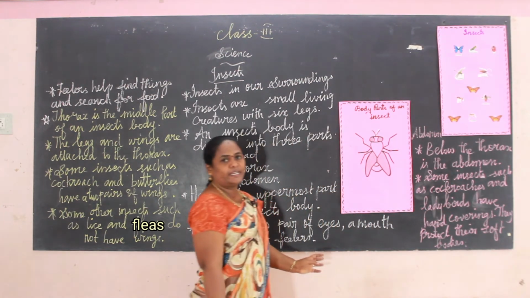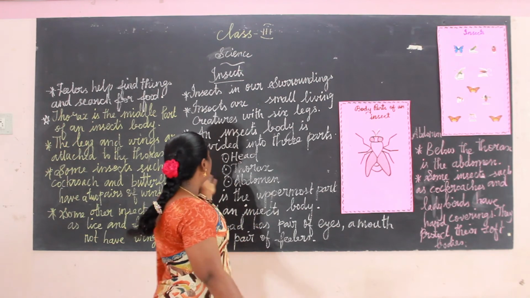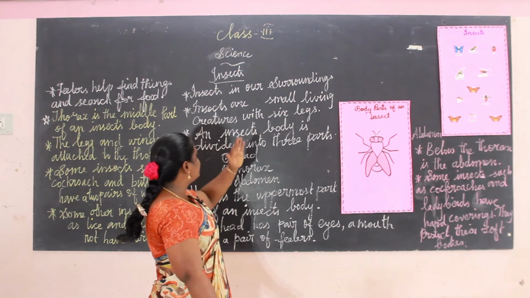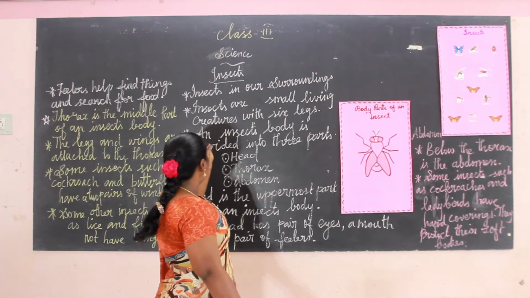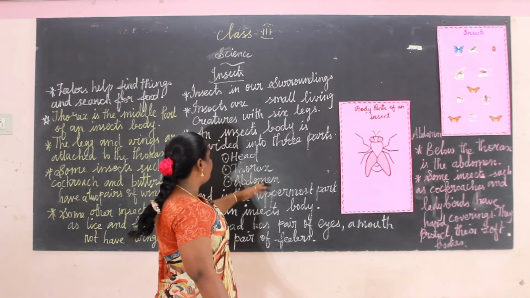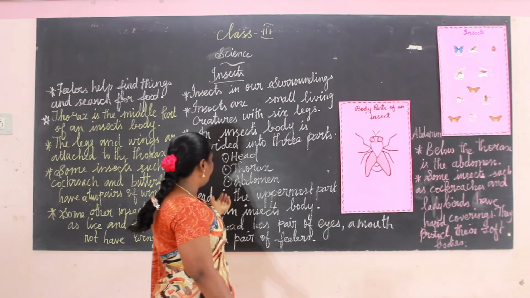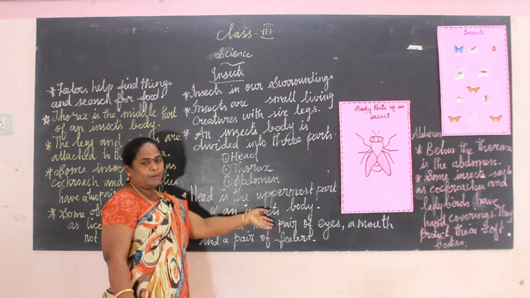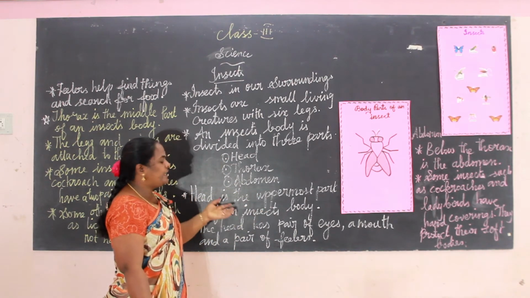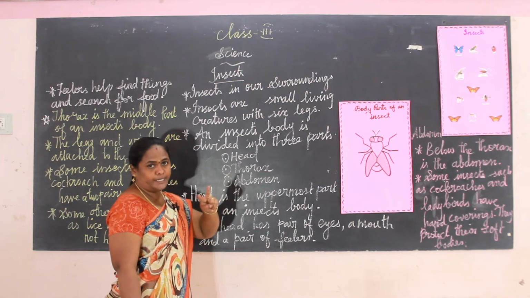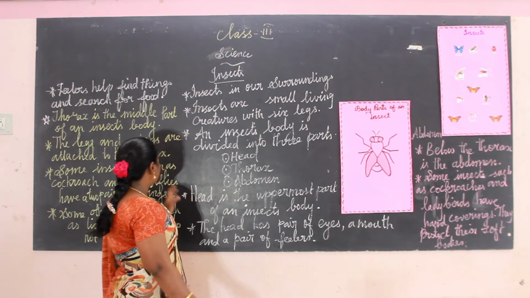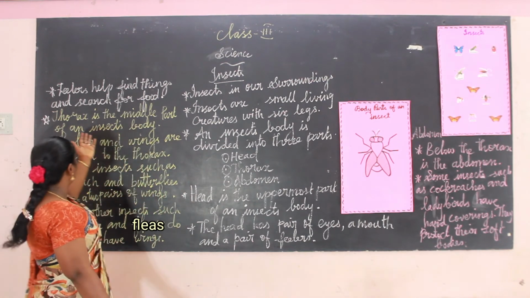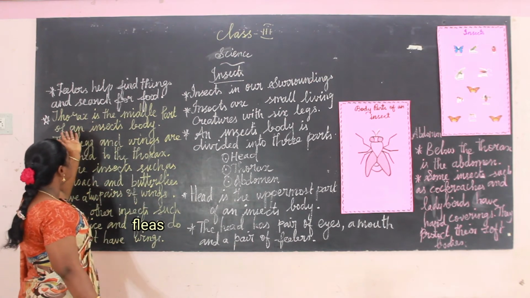Once again I explained the parts of an insect. First we learn that insects are small living creatures with six legs, and an insect's body is divided into three parts: the head, thorax and abdomen. The head is the uppermost part of an insect's body. The head has a pair of eyes, a mouth and a pair of feelers or antennae. Next is the thorax, the middle part.